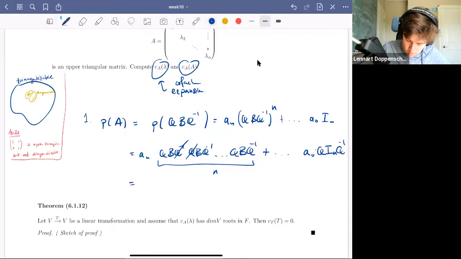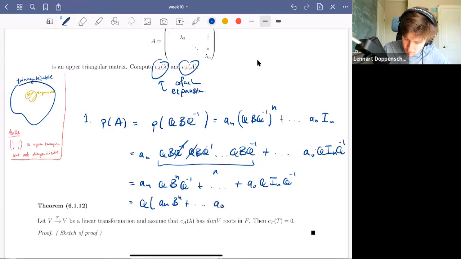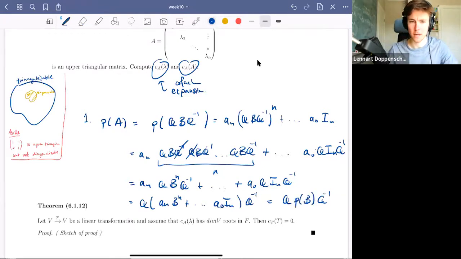Now we see that this is really A_N Q B to the N Q inverse, plus and so on, plus A_0 Q I_N Q inverse. And then, as a last step, we can write Q times (A_N B^N plus and so on plus A_0 I_N) times Q inverse, and this is just Q and Q inverse multiplied on both sides of P of B. So this is what I meant by it's just a straightforward computation.